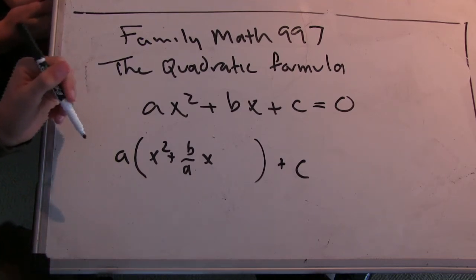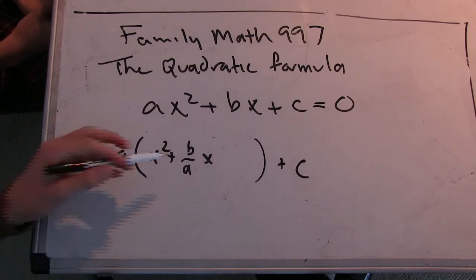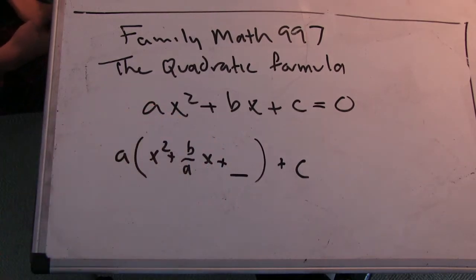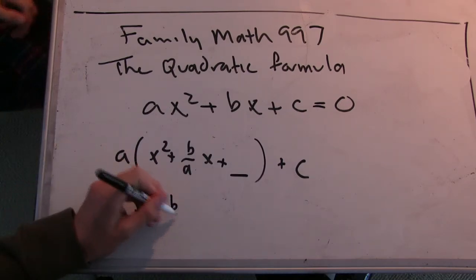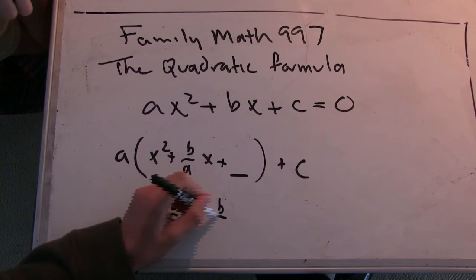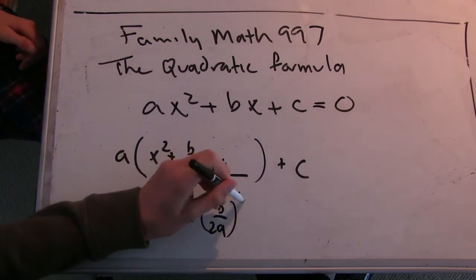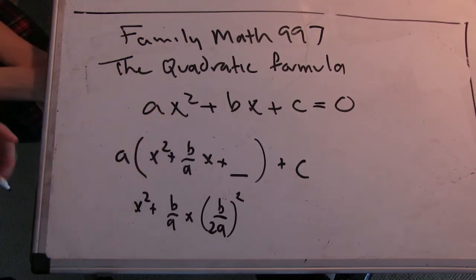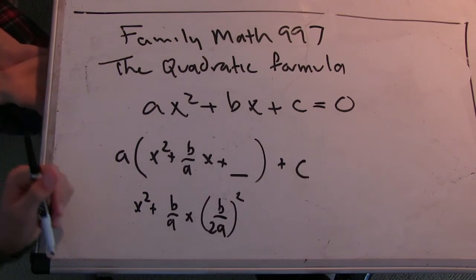On the inside we have to add something to make this a perfect square. What we add is b over 2a, squared. Since if this is a square, it can break down into x plus b over 2a, squared.